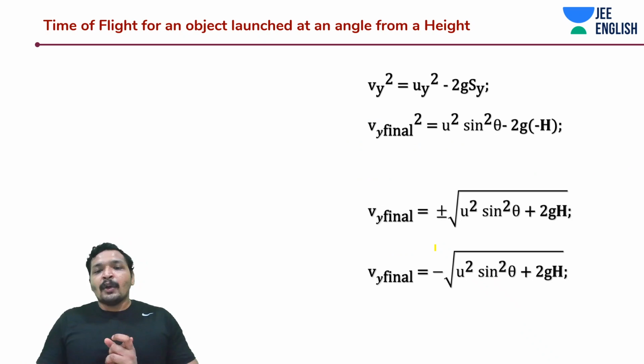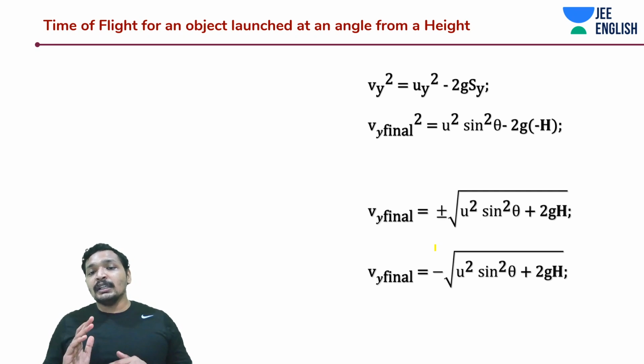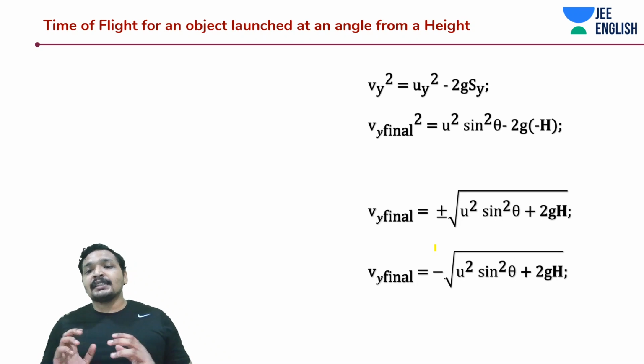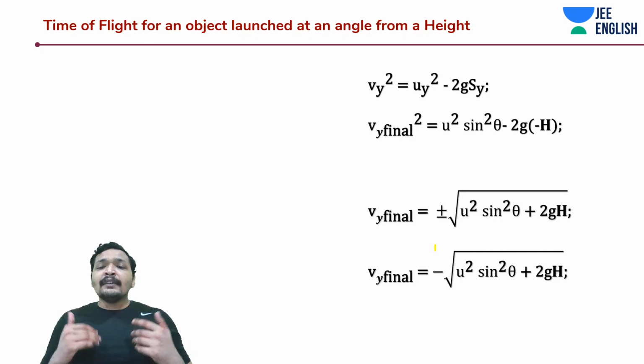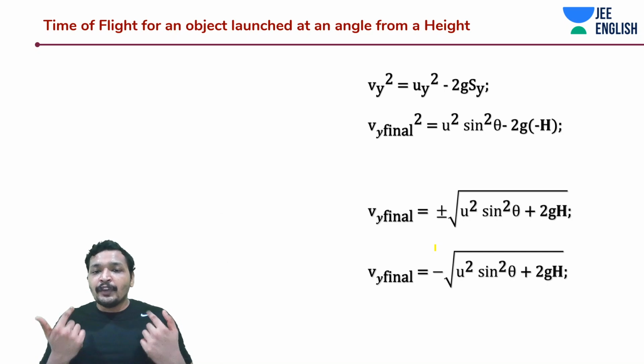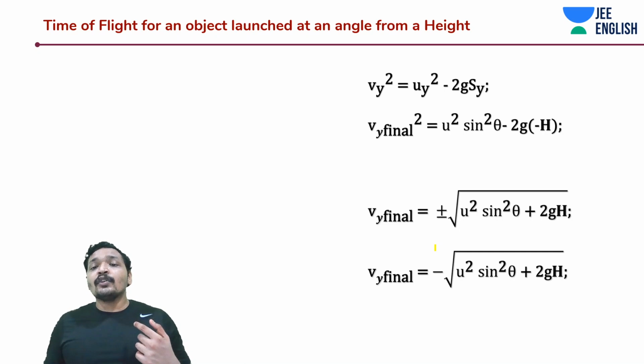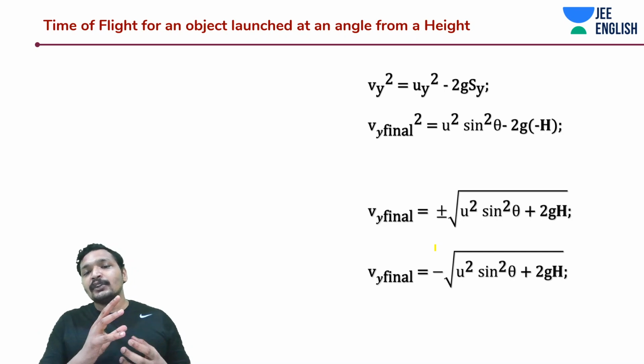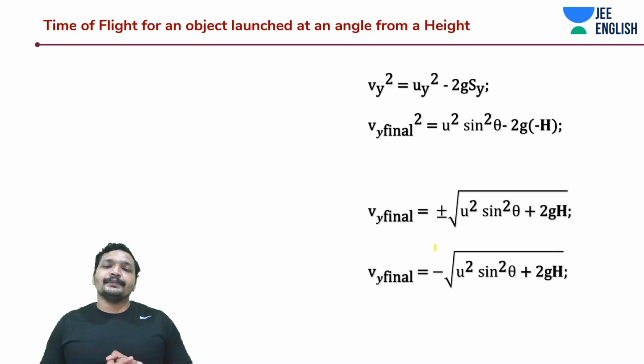Now we take these two Newton's equations of motion. One is going to be v_y square is equal to u_y square minus 2 g s_y. From this we will get v_y final, that is the final velocity of this object as and when it reaches the ground. And then we are going to make use of this v_y final when it reaches the ground to find out the time that it has taken to get this velocity.